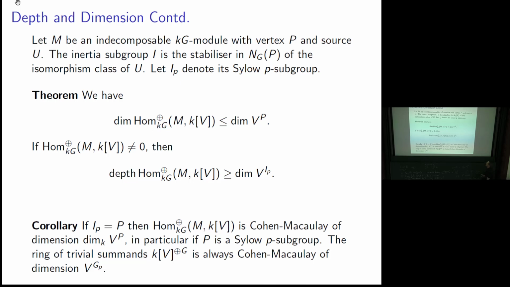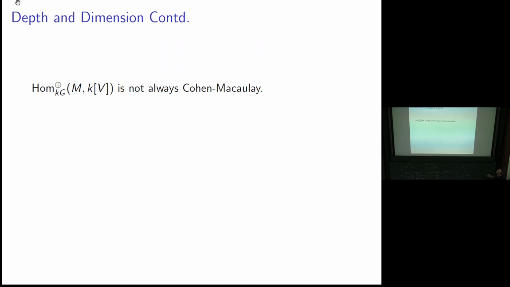So for example, this is enough to show that some things are Cohen-Macaulay, but not everything. In fact, not everything is Cohen-Macaulay, even for a polynomial ring. And there are lots of examples of why it's not Cohen-Macaulay.